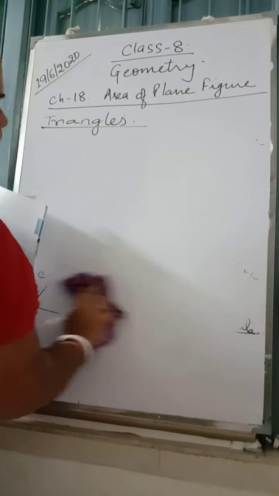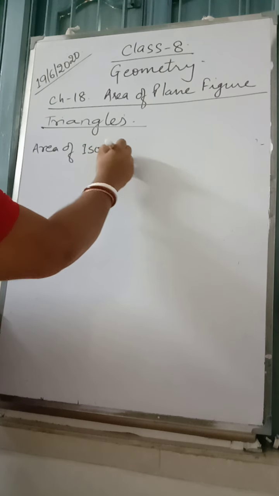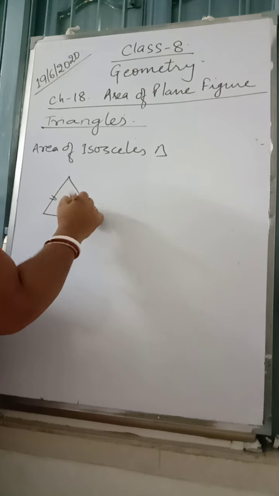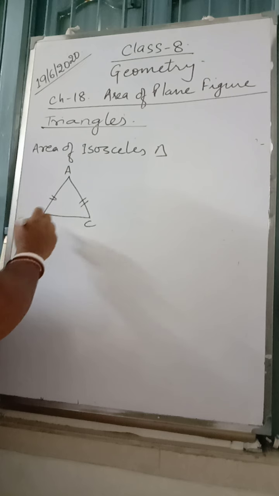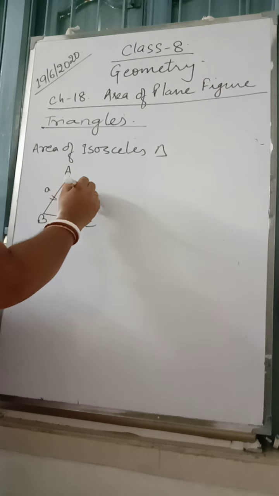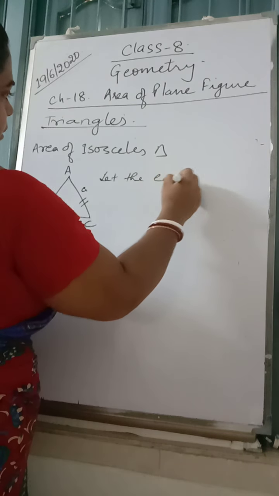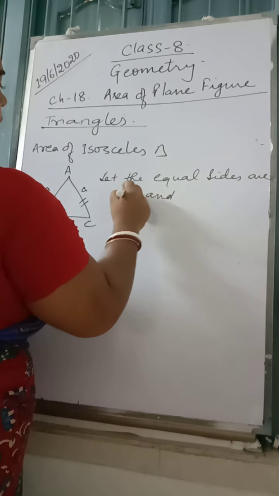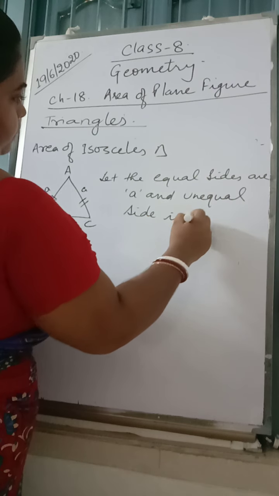Third, we have area of an isosceles triangle. What does it mean? Isosceles triangle means any two sides of the triangle are equal. Let the equal sides be a and the unequal side be b.